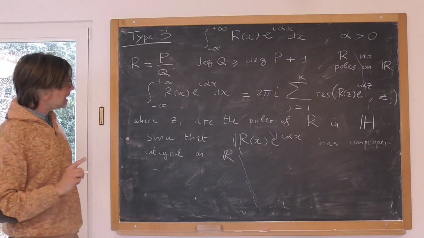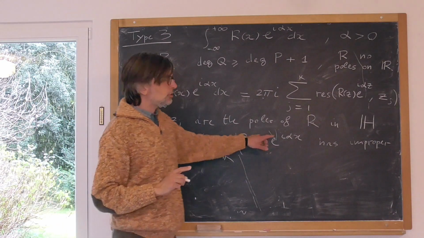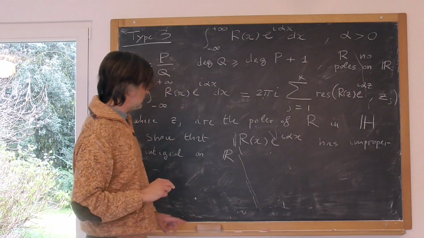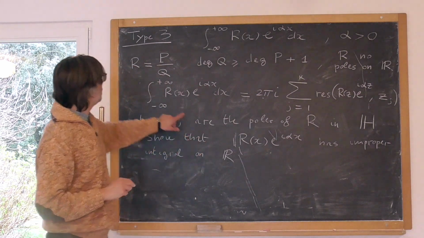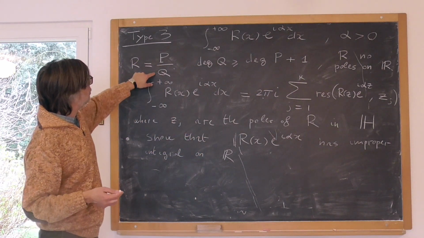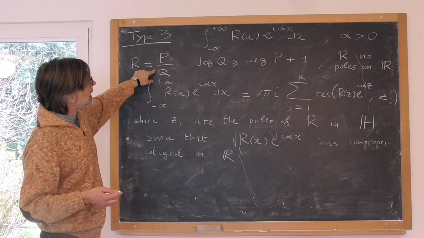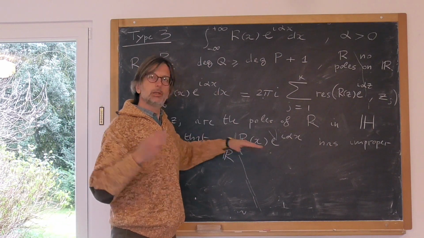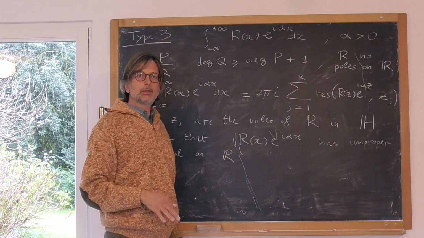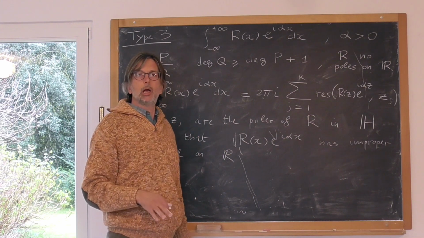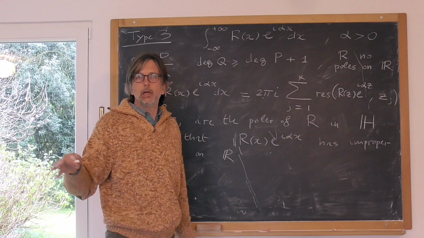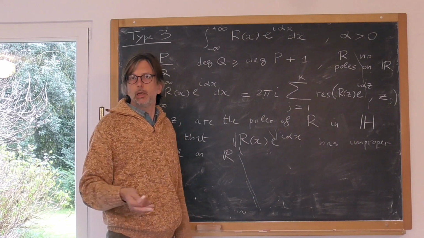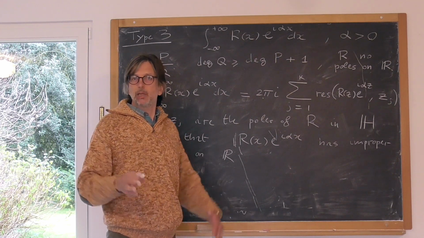So notice that in this case, this function need not be summable on R, because now the difference in degrees is just 1. So this function might go to 0 when x goes to infinity only like 1 over x. And this does not guarantee integrability, summability.